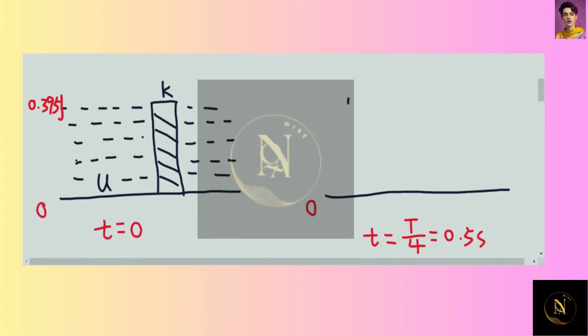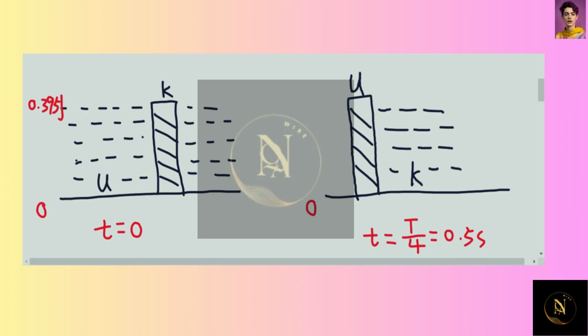So therefore we have such a graph here. And at this point, the potential energy is equal to 0.395 Joule, since it's equal to the total energy of the system.